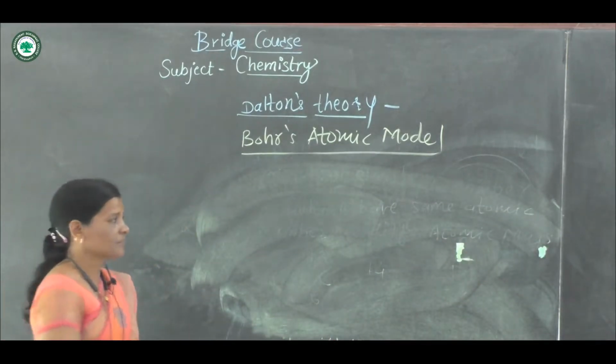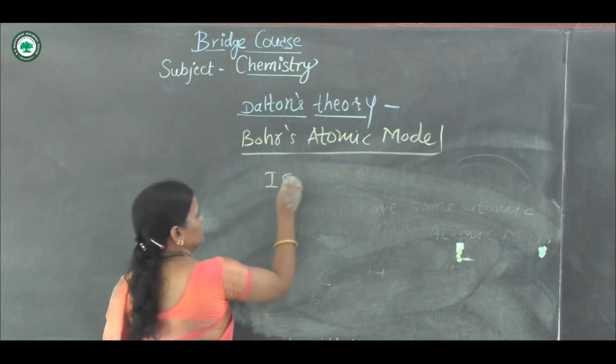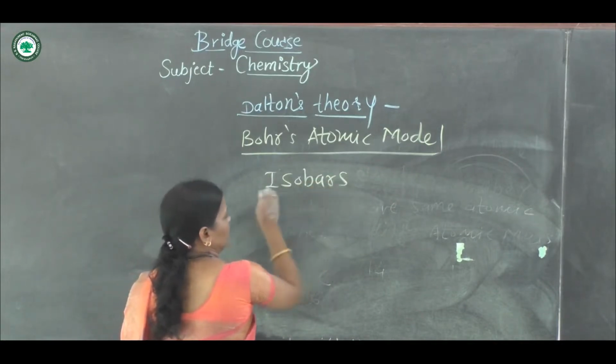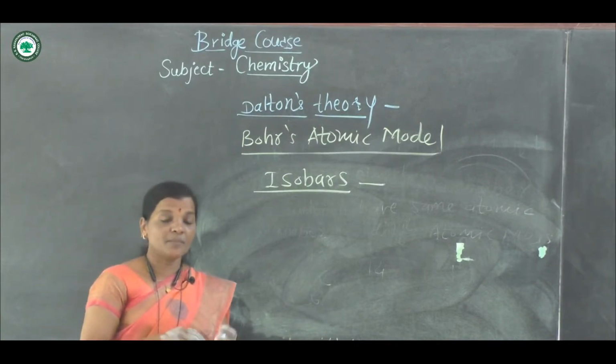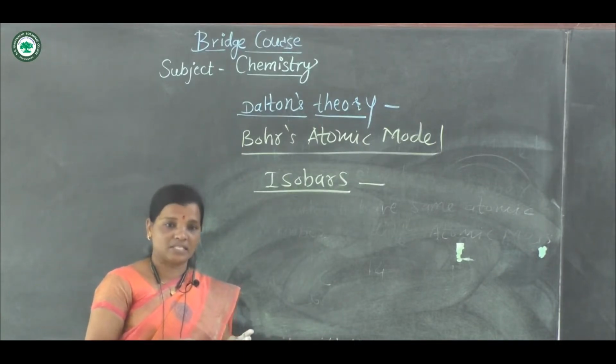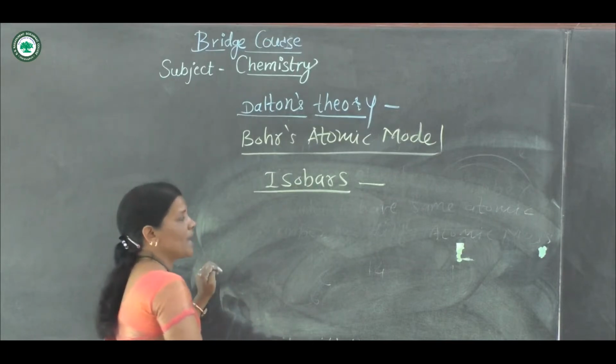The elements which have different atomic numbers and the same atomic mass are said to be isobars of each other.